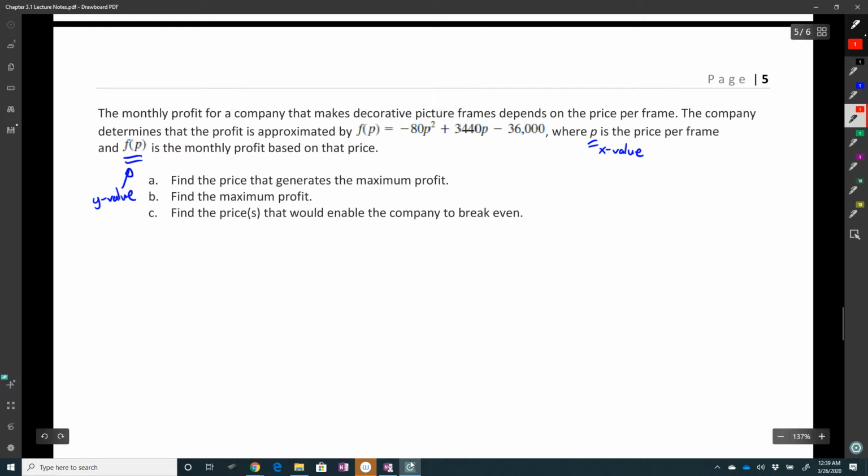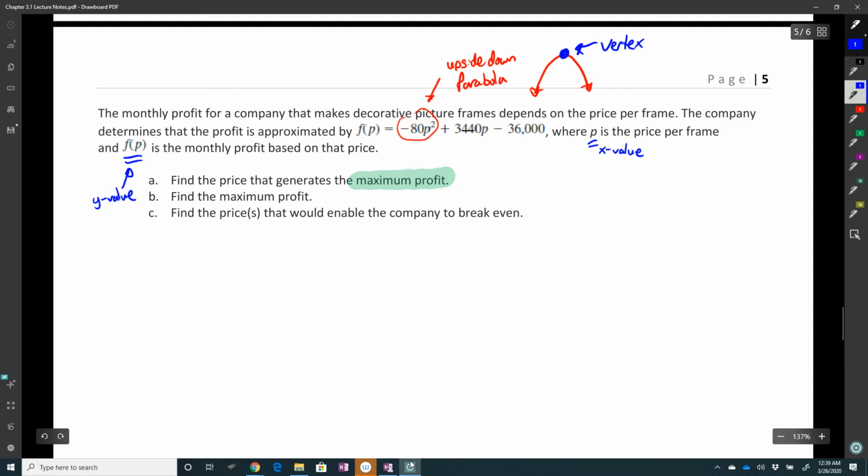Well, if you look at this, especially from this first term, we notice that this is an upside down parabola. Upside down parabolas look like that. So when they say find the price that generates a maximum profit, what they're looking for is the maximum value, the vertex.